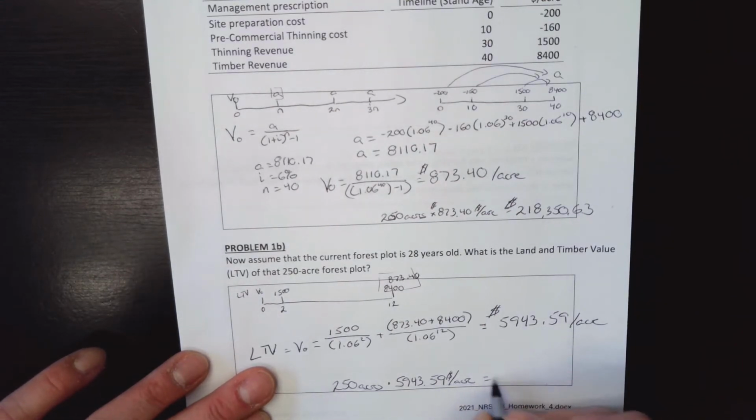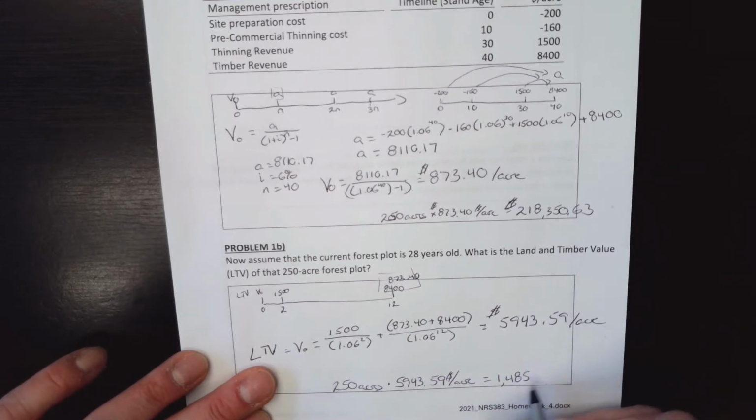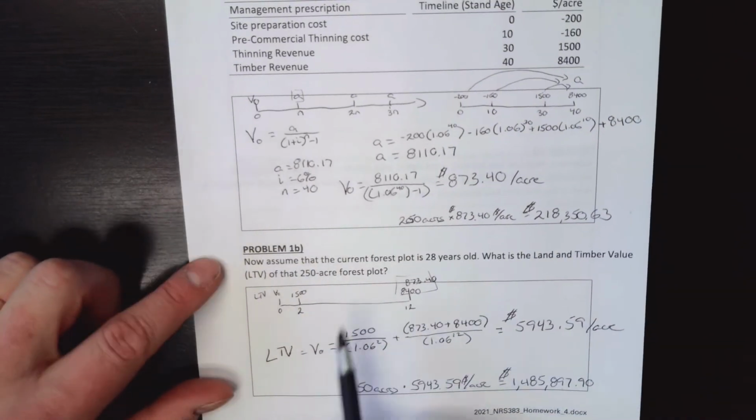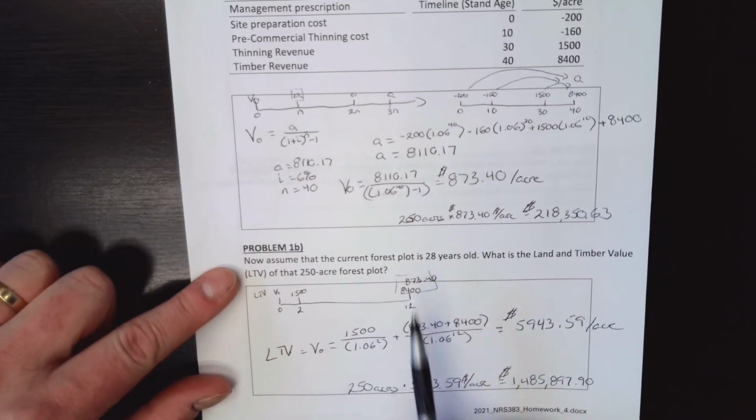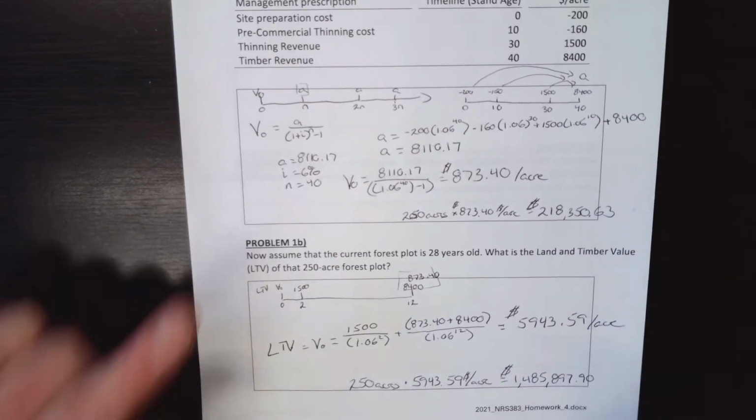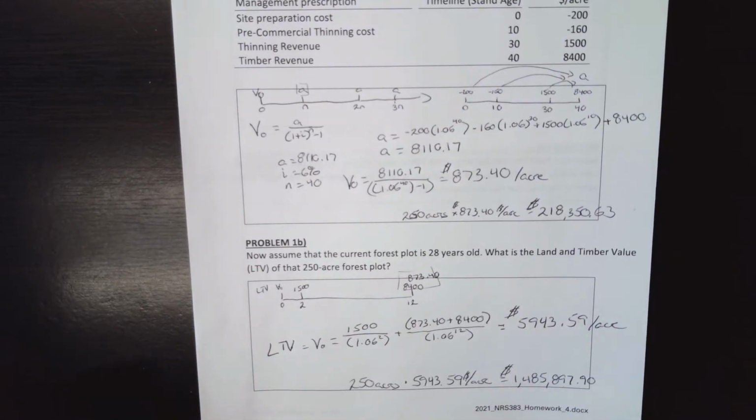The acres are going to cancel out, and I would get $1,485,897.90. That's the value at 28 years old of this property that's 250 acres.